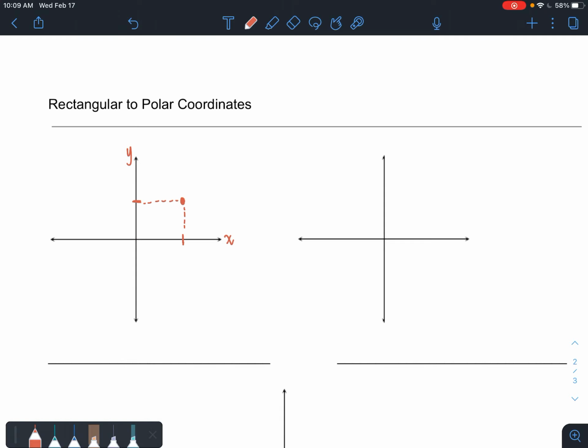The same point over here is measured by theta and this distance r. That distance across here is r. So that gives us r theta, and this gives us x, y. We call these rectangular coordinates, and these polar coordinates.